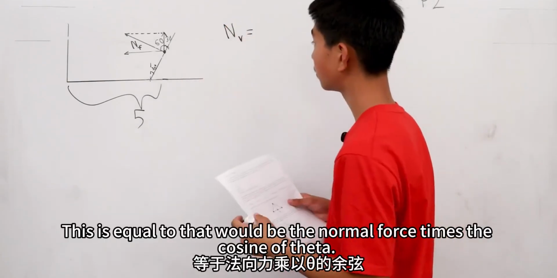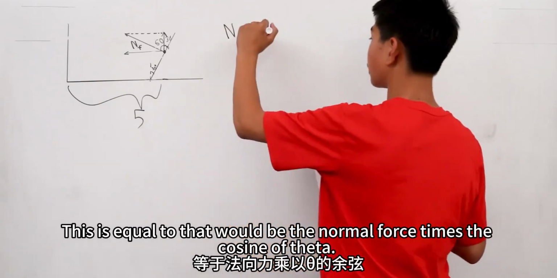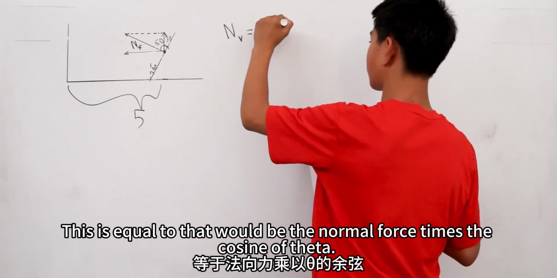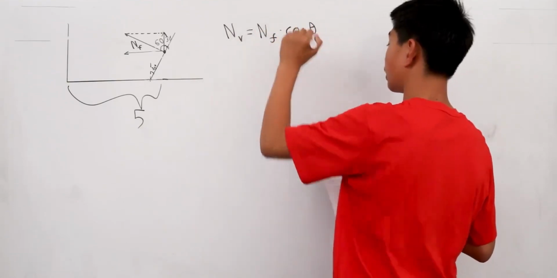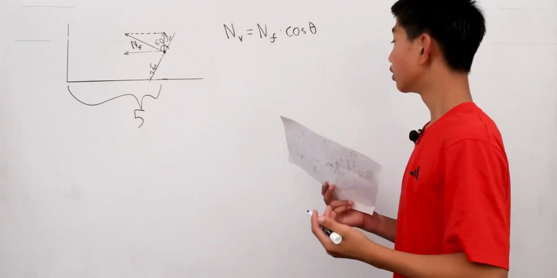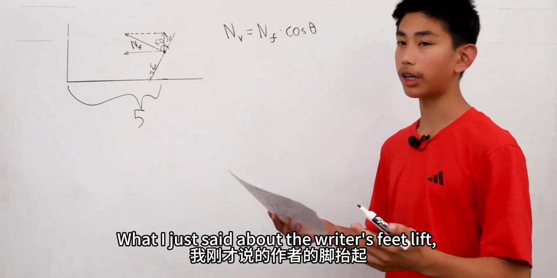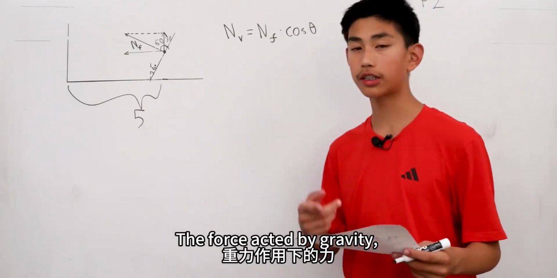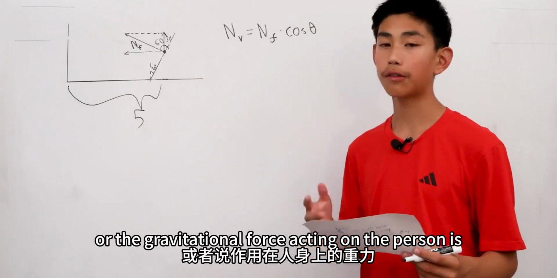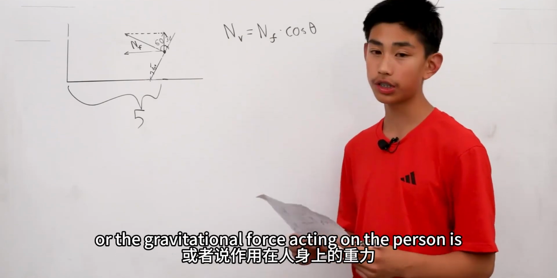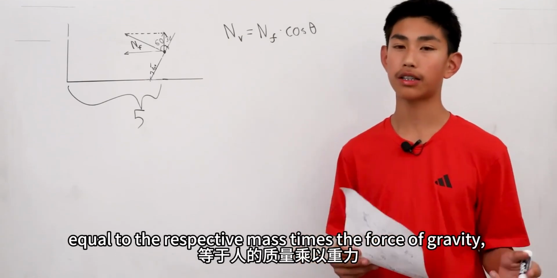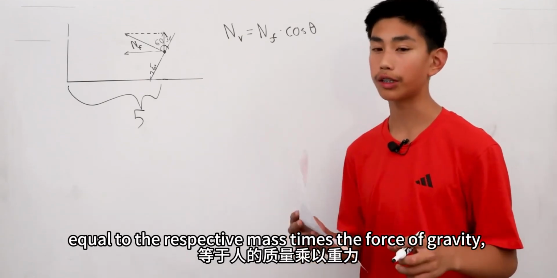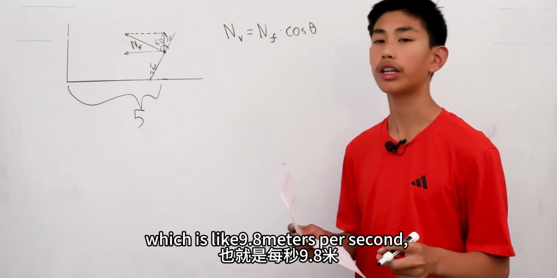This is equal to N, the normal force, times the cosine of theta. And how does this relate to the rider's feet lifting off the floor? The gravitational force acting on the person is equal to their mass times gravity, which is like 9.8 meters per second squared.